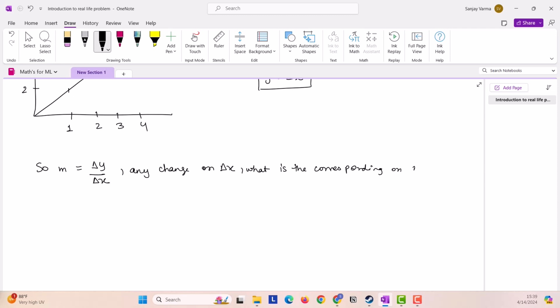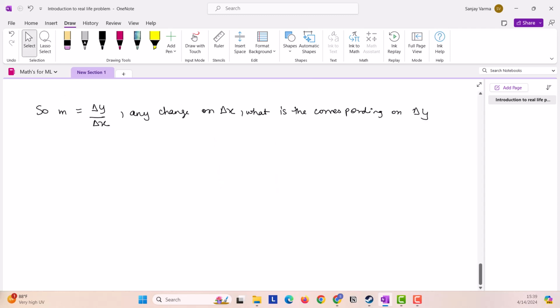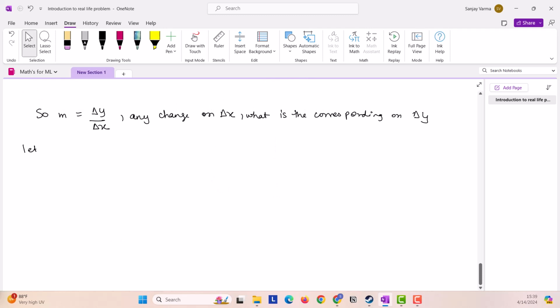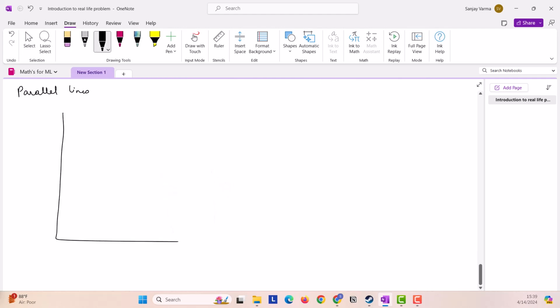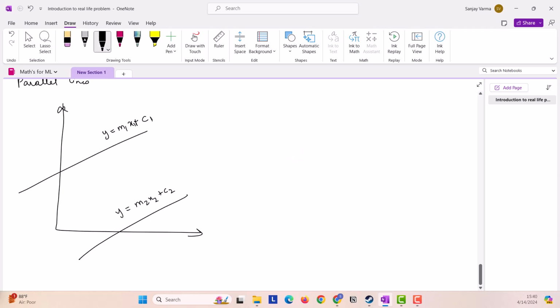Now, what will happen in the case of parallel lines? What do you think will be the value of m? Let's say we have two parallel lines. This is one, this is another, and the equation of this line is y equals m1 x plus c1 and y equals m2 x plus c2. What do you think will be the values of m1 and m2?